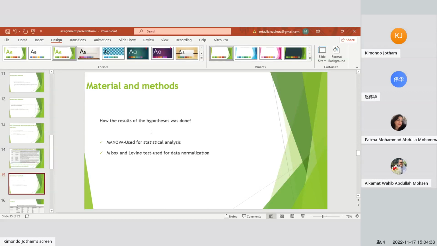After recording the data, the results of the hypothesis were analyzed through software called MANOVA, multivariate analysis of variance, used for statistical data analysis, and the M-Box and Levene test used for data normalization.